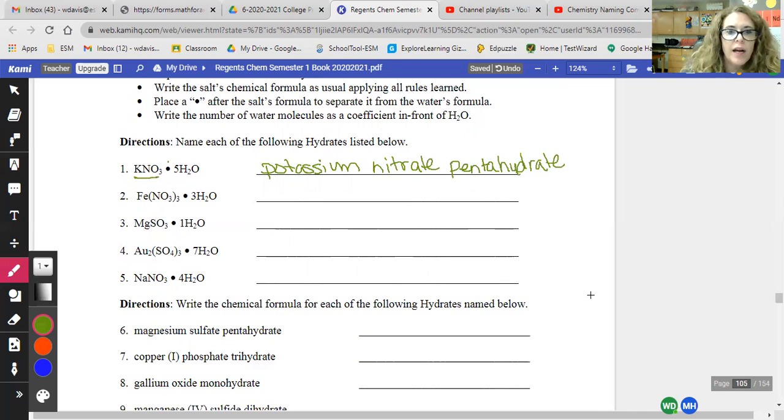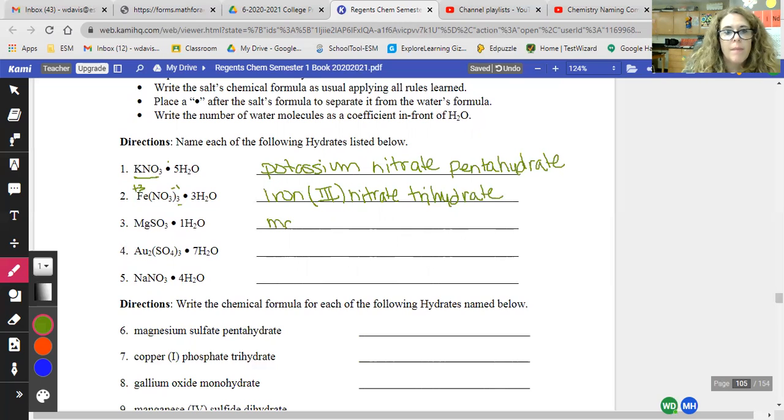Now here I have iron, and I know iron's in a transition metal neighborhood, so it needs a Roman numeral. I'm probably going to use this as my Roman numeral, reverse crisscross: iron Roman numeral 3 nitrate. It does work out because the nitrate is a -1, and that means the iron is a +3, Roman numeral 3. Now I have 3, so that would be trihydrate.